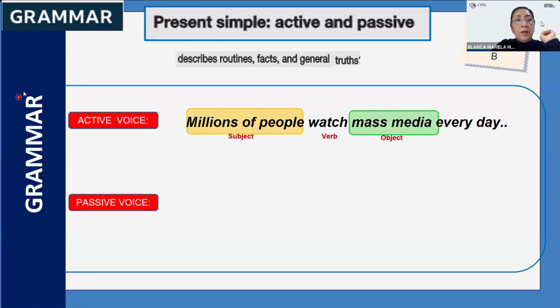And here, when identifying the object, you have to be very careful, because sometimes people say, yeah, subject, verb, and they say, yeah, this is the object. No, all of this is the complement.